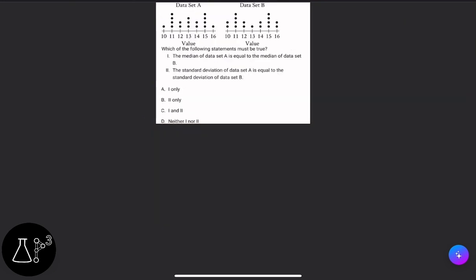Before we start anything, let's go over what standard deviation is. So I'm just going to write SD for standard deviation.